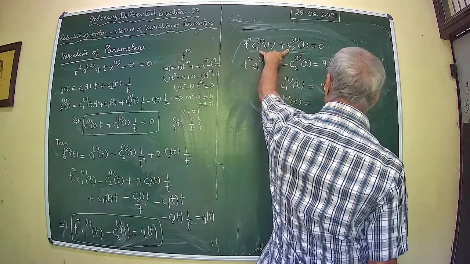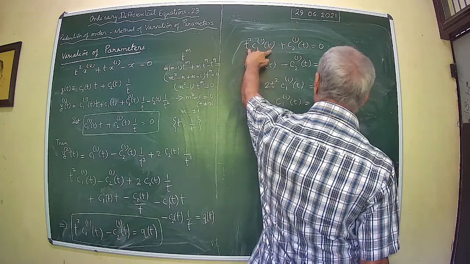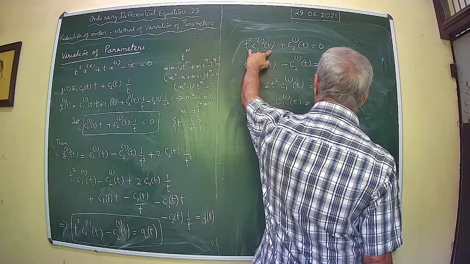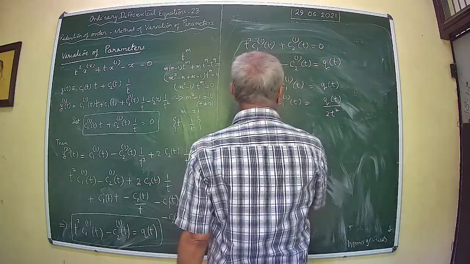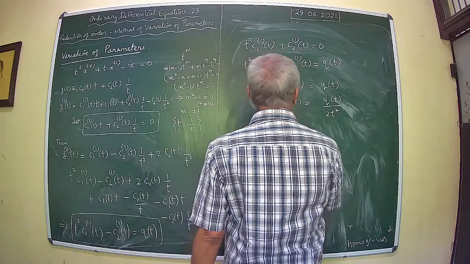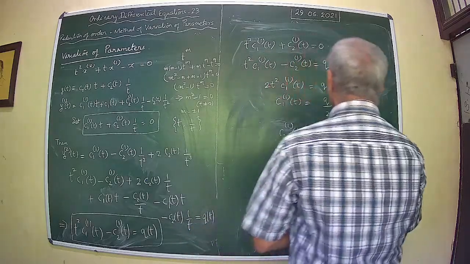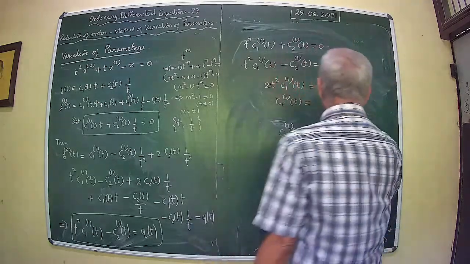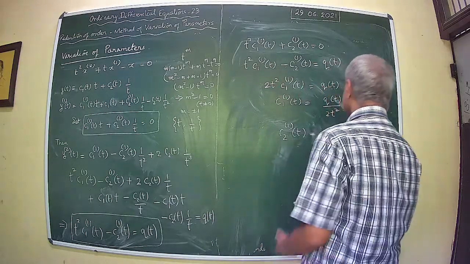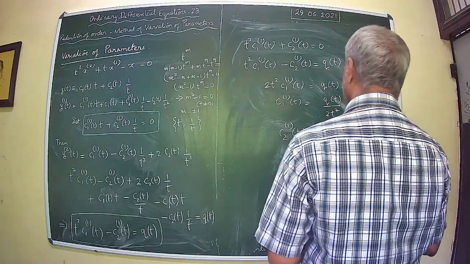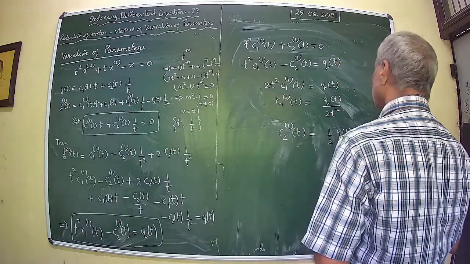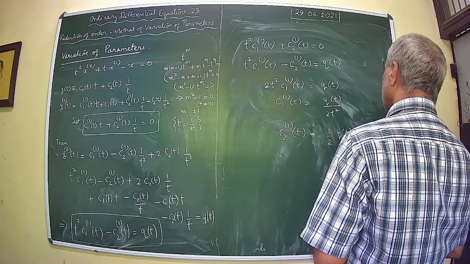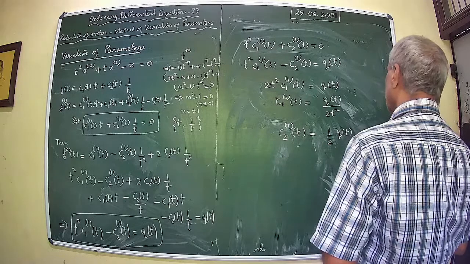Okay, so what do you get? You get 1 by 2. C2 derivative of t is equal to q of t divided by 2.